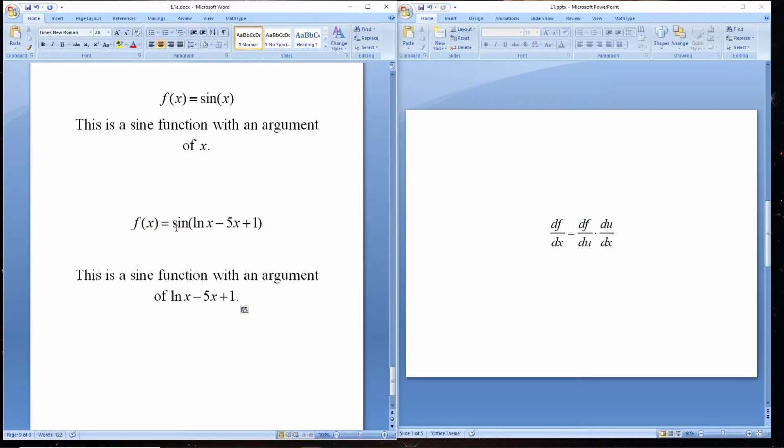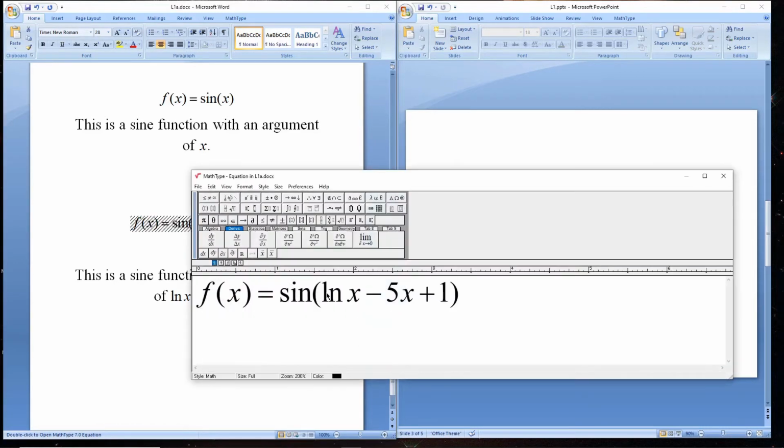Now we have sine of log x minus 5x plus 1. This is again a sine function, but now the argument is log x minus 5x plus 1. The argument is the entire expression that goes into the outer function here. What I have in blue here is the argument of the sine function. This is what's going into it.